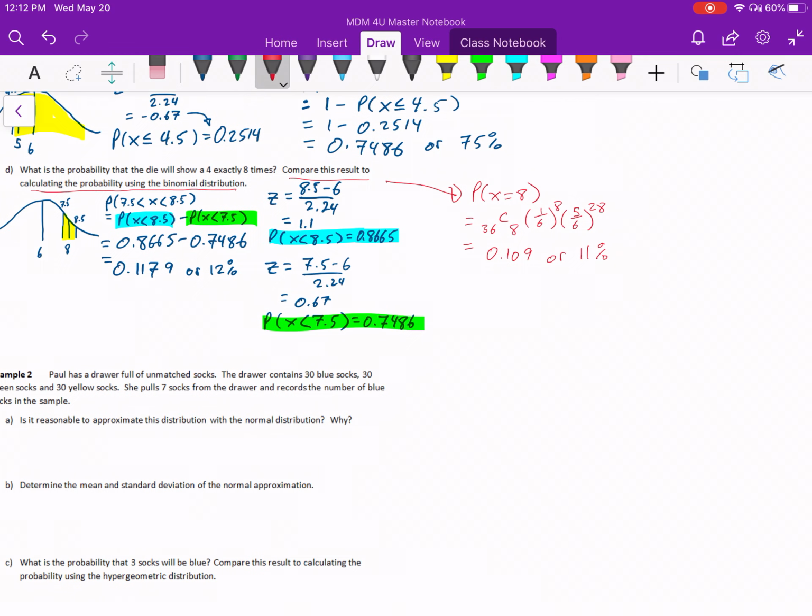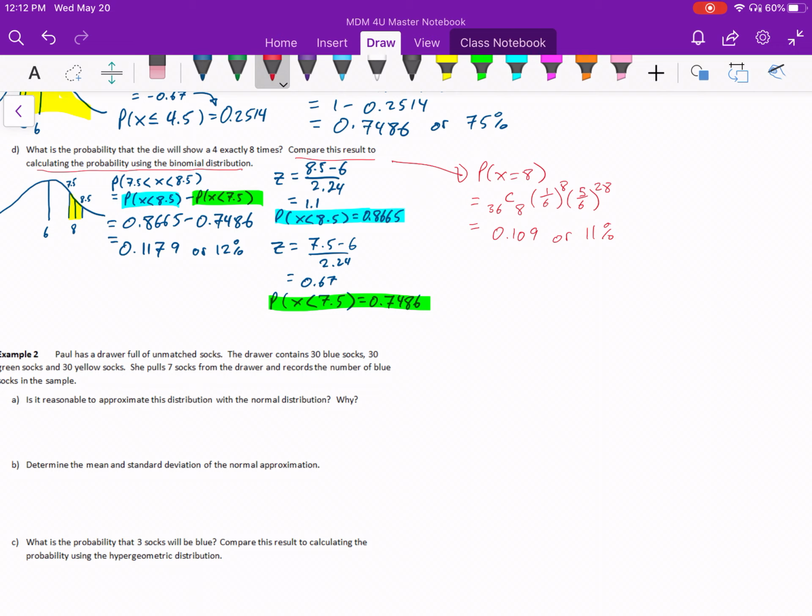So, as I said, a lot quicker, I'm done. And if I compare this to this, they're close, right? The one I've done in red, the binomial distribution, is more accurate and it's easier. So again, in this case, I definitely would use just the binomial distribution. But we're illustrating a point.